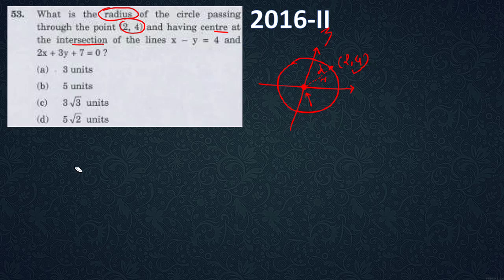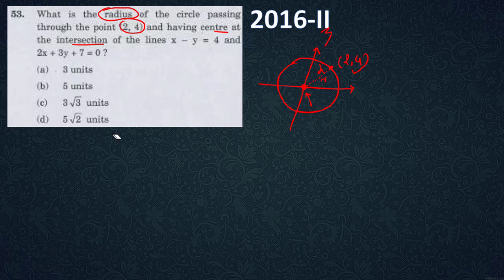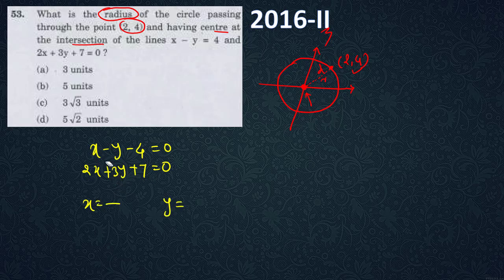So I have already given you the trick to find out the intersection of the two lines. So it is x minus y minus 4 equals to 0. It is 2x plus 3y plus 7 equals to 0. So how will the x coordinate be and how will the y coordinate be. For x you have denominator 3 plus 2 is 5 and here also it will come 5.